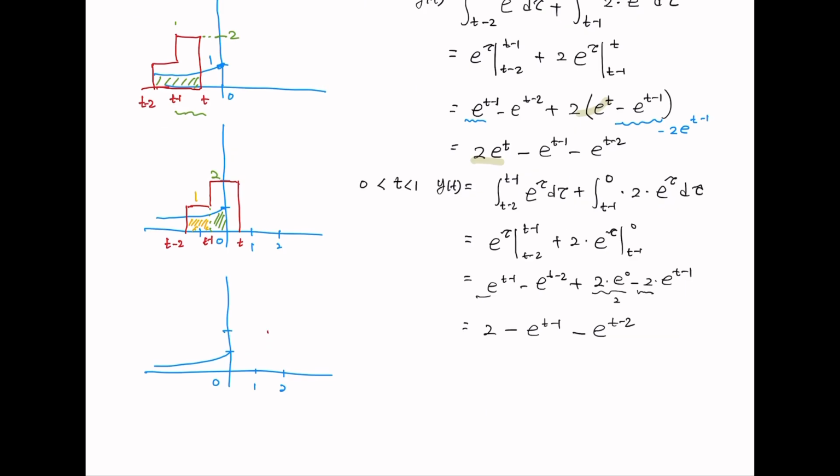The next interval is t between 1 and 2. Here is t-1, and this is t-2. We have this portion.